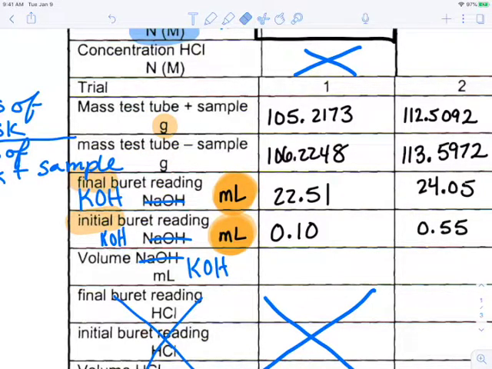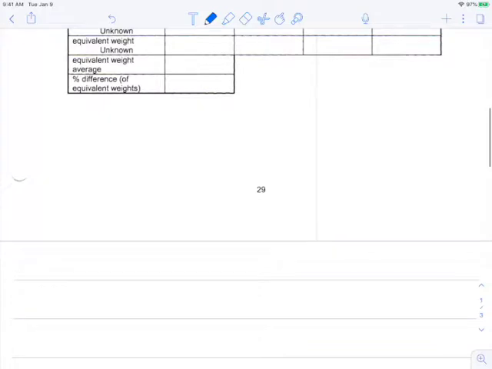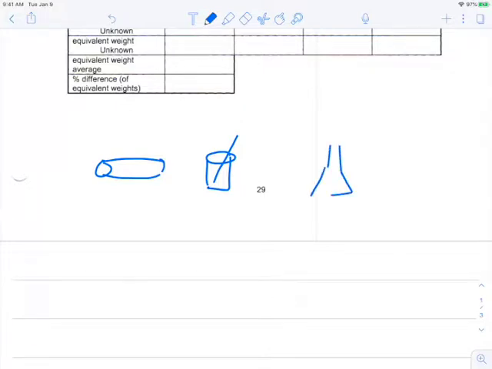First of all, everybody got confused about the minus and the plus there. But the other thing was you were trying to weigh a test tube on the balance, and it would either roll off or you would put it in a beaker, and it just got very complicated. So instead, I have everybody weigh the flask, and then weigh the flask with your solid, so that we don't have to worry about the test tube rolling off or anything. So that's all I changed.